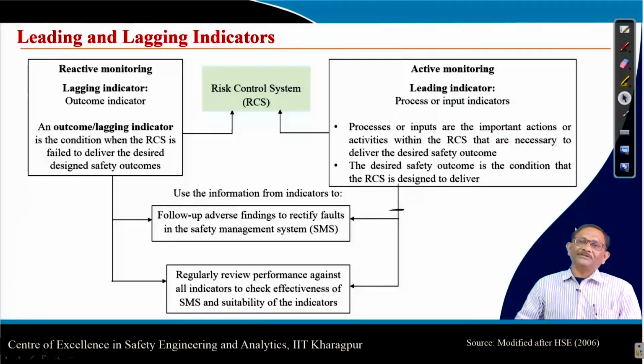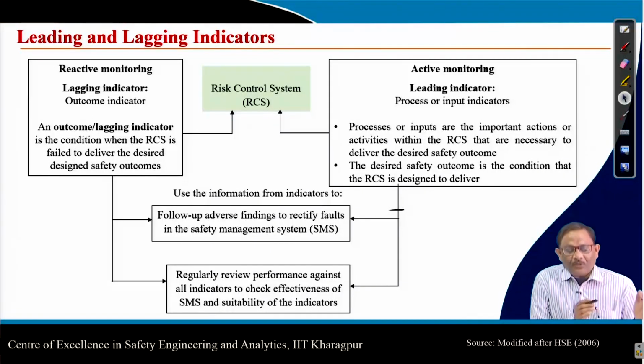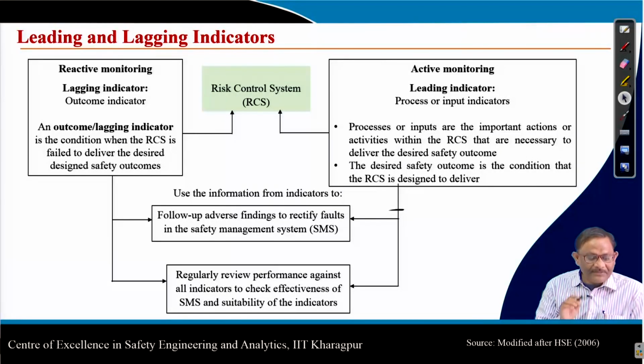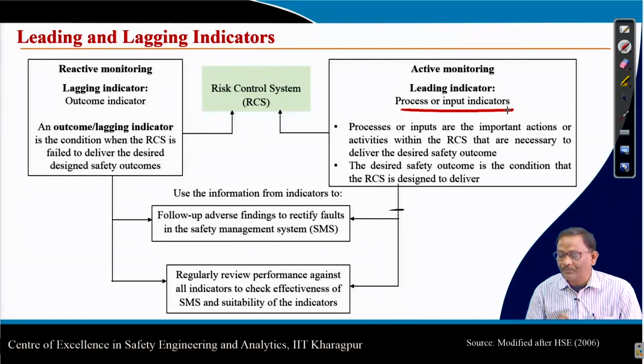Now I will discuss maybe another 5 minutes related to that. If I know the RCS, what are my leading and lagging indicators? I have given some indication. From the process model, I have already said that process or input indicators are basically leading indicators, meaning the controllable factors and inputs.